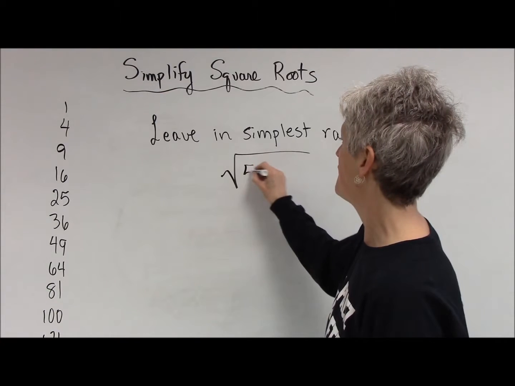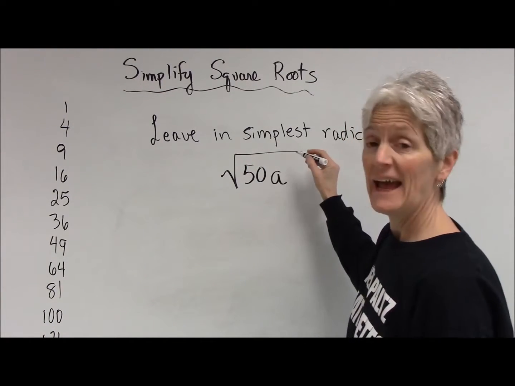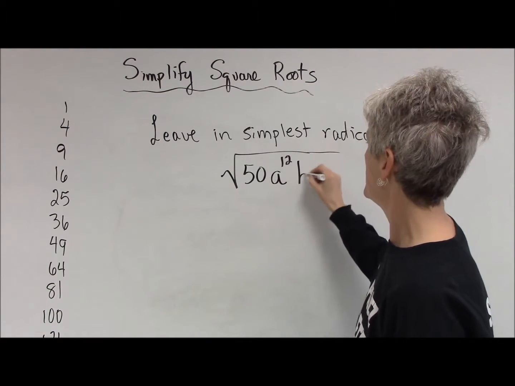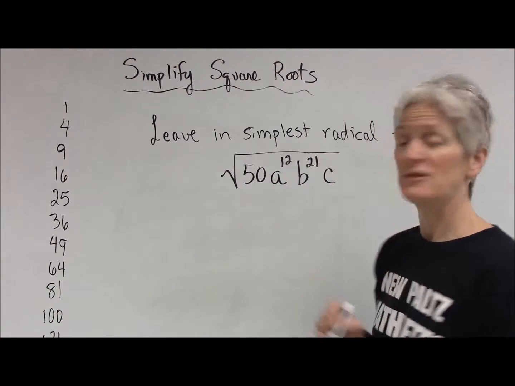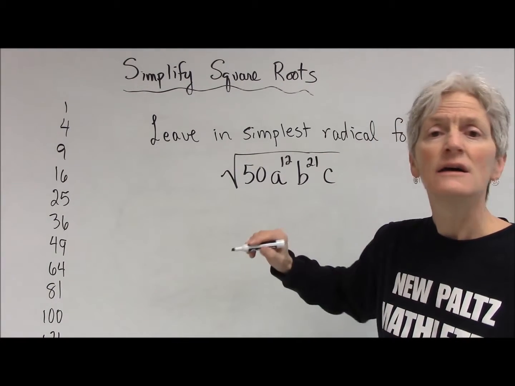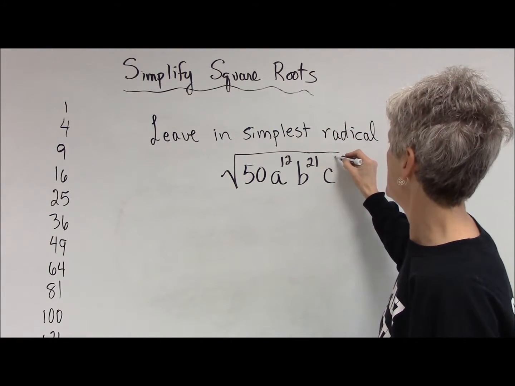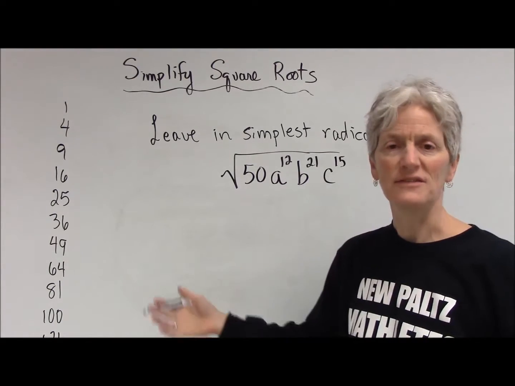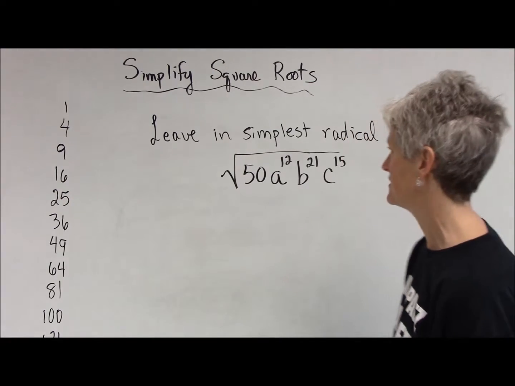Let's say we have the square root of 50 times a to the 12th, b to the 21st, and c to the, I don't know, 15th. How's that? And again, we're assuming a, b, and c are all positive for our purposes. Otherwise, we'd have to remember our little plus or minus business.